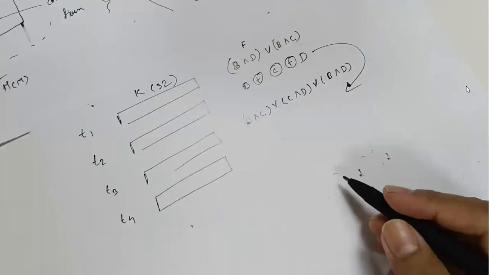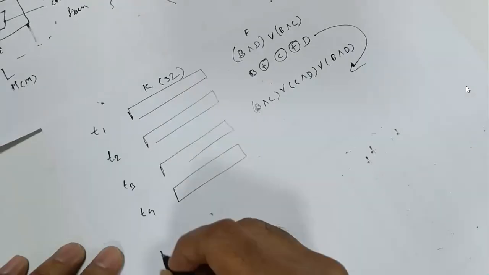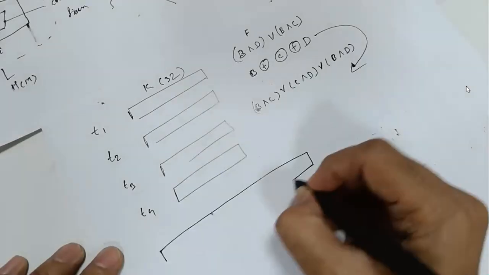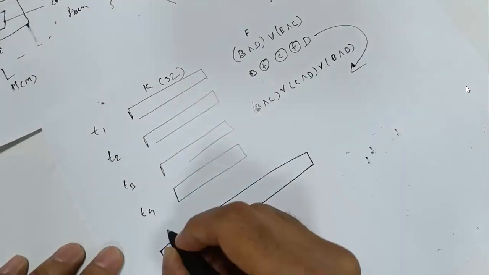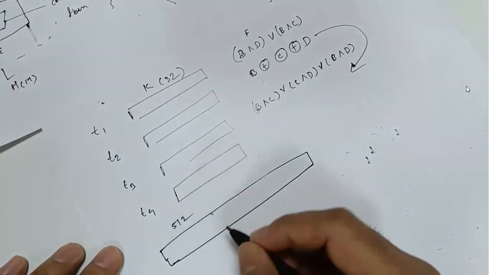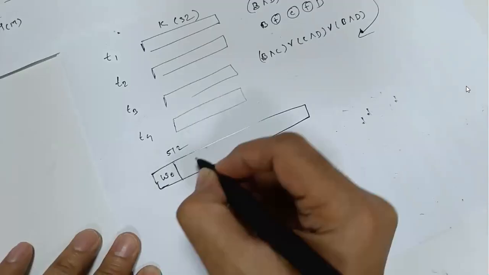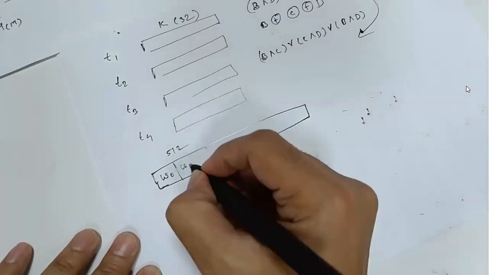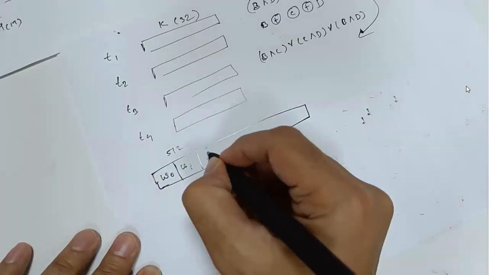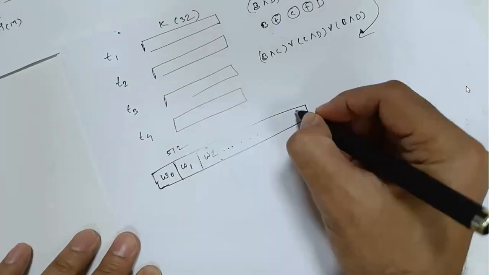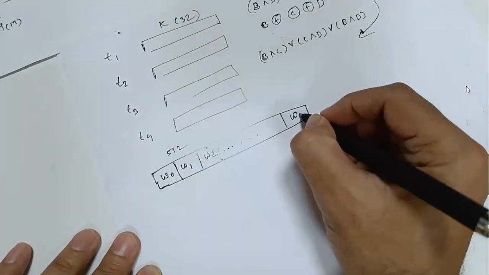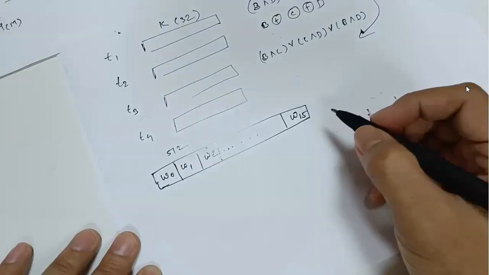Now the problem with us is we have 512 bits. With 512 bits we can prepare W0, W1, W2 and so on till W15, as there are only 16 words.